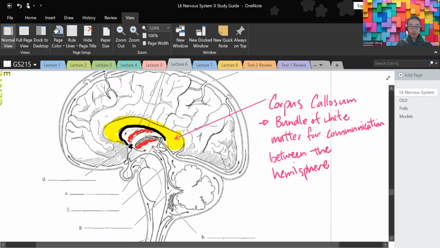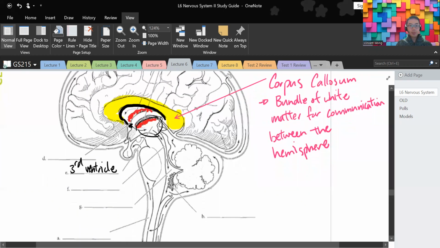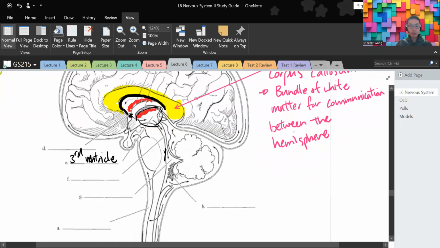There's your third ventricle, which is what this label is. And then you also have a fourth ventricle, which is this little triangle looking thing right here.